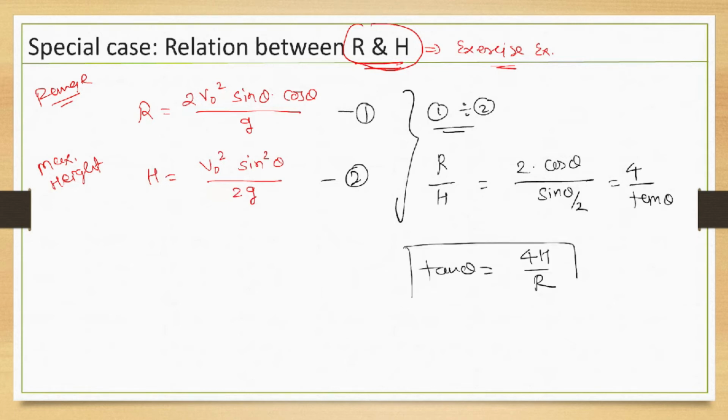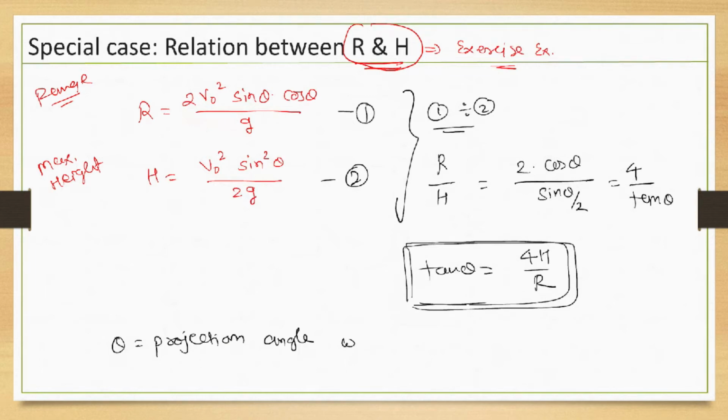This is a very important relation. All of you note this. If your projection angle is theta, where theta is the projection angle with the horizontal, not vertical. You must remember, with the horizontal. As we derived all this relation, here we took theta as the angle of projection with the horizontal, not with the vertical.